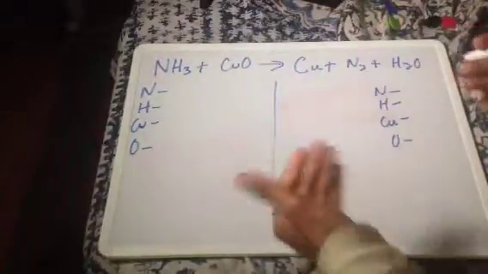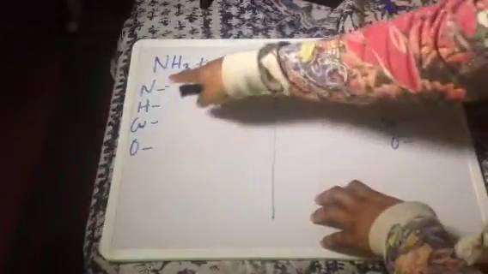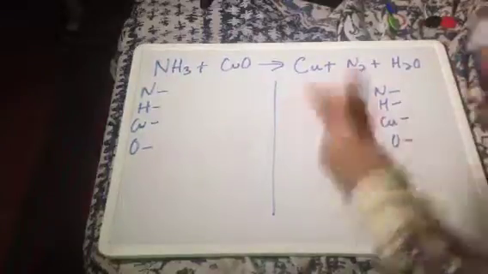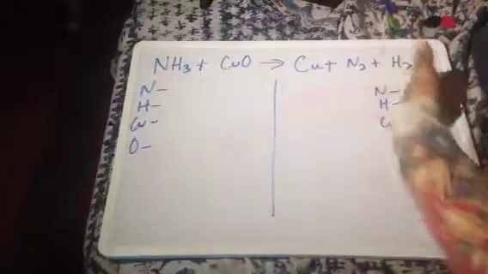It's a nice way for you to organize and ensure that you're keeping up with what you have on this side as opposed to this side. Again, it's a nice way to organize and know exactly what elements need to be balanced on either the left or the right.